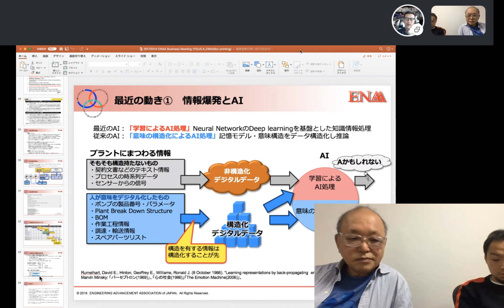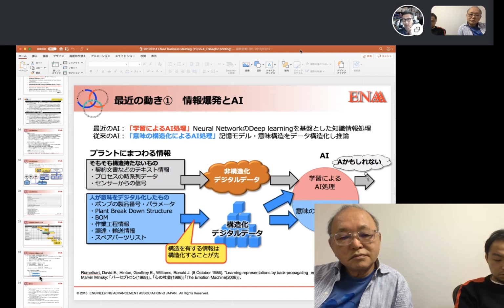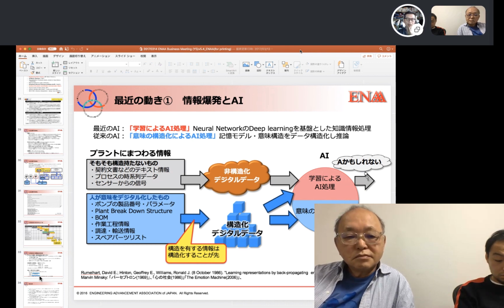And what sort of result we may be able to get from machine learning AI depends on the context on our side, the humankind side. As long as humankind has to judge based on the result from machine learning AI, any sort of issue can be a target for machine learning AI.